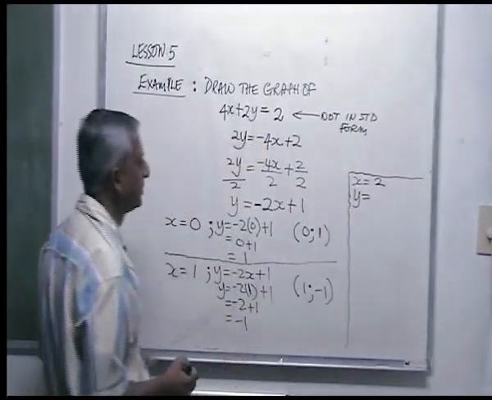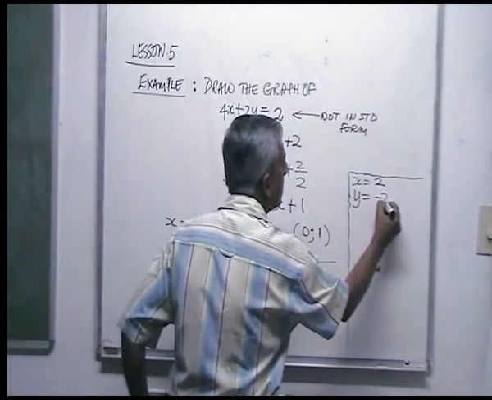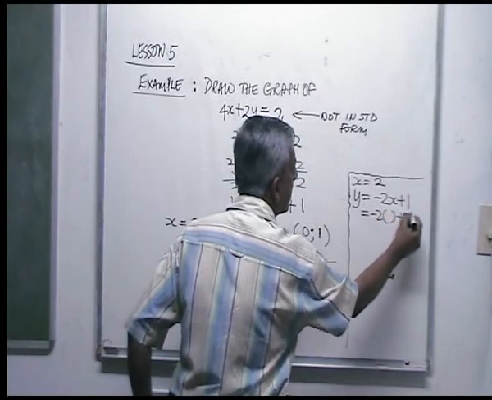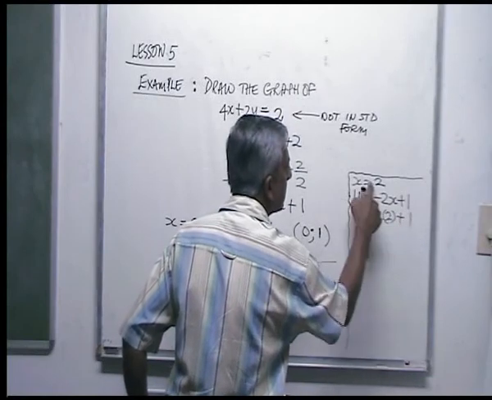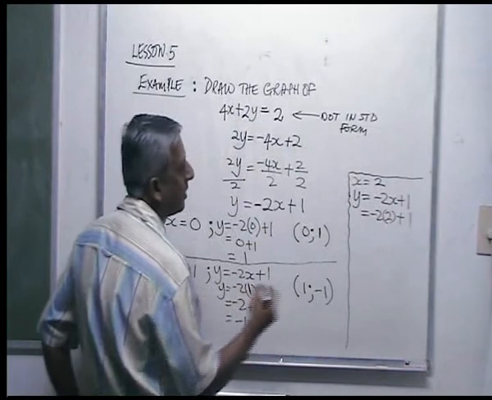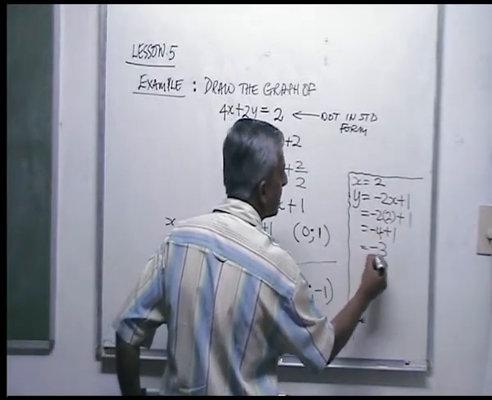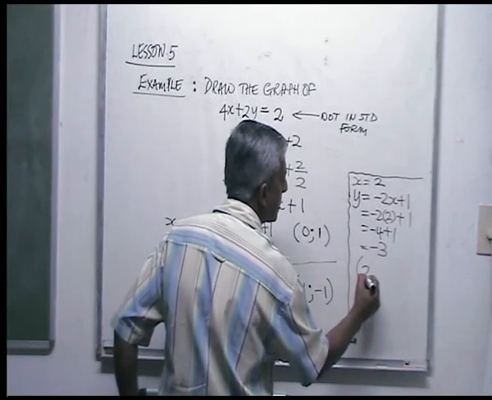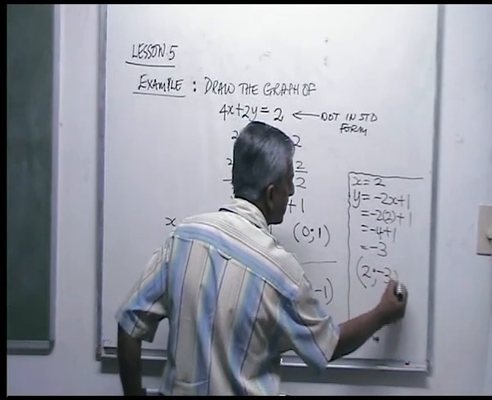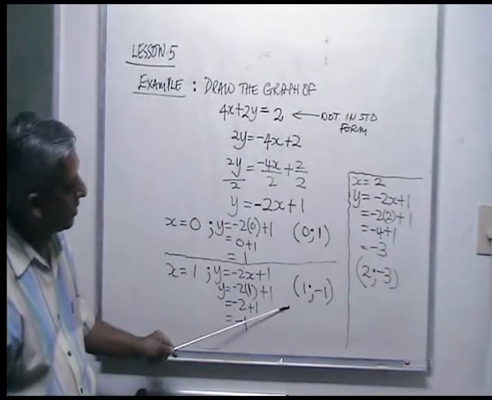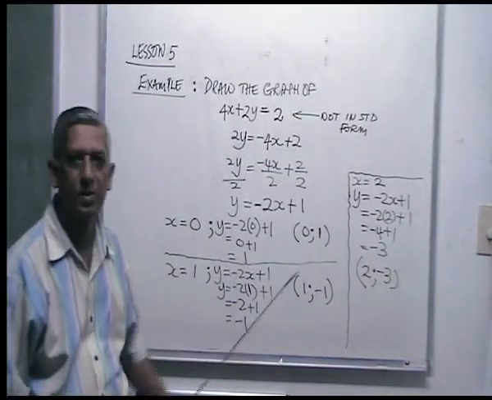Y is equal to minus 2x plus 1. So that's minus 2 times that. Now x is 2. You see, we're putting that 2 in. So that's minus 4 plus 1, that's minus 3. So your third ordered pair is 2 and minus 3. So we've got our ordered pairs. 0, 1; 1, minus 1; 2, minus 3.